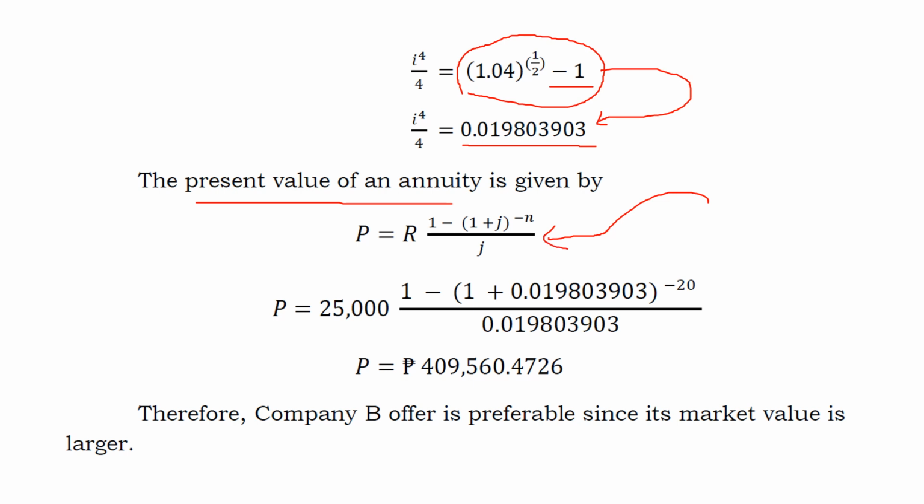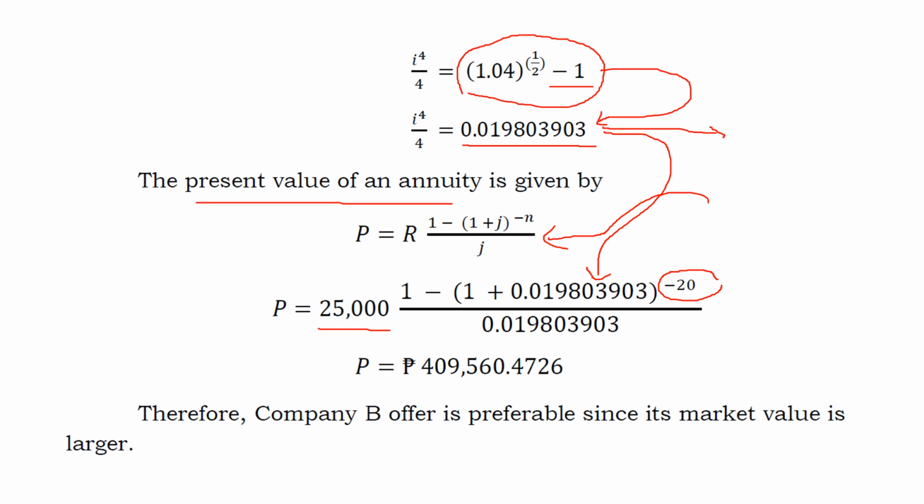So the present value of annuity is given by your P here. So if we apply 25,000 as the company B offers every quarter, that is 25,000, and he will receive 25,000 up to the last quarter within 5 years. So this is 20 because we are looking for the representation of every quarter. So there are 20 quarters within 5 years. That's why it's 20. So we just simply apply this value to the given formula, and that will be your j, because it is being converted to an annual rate.